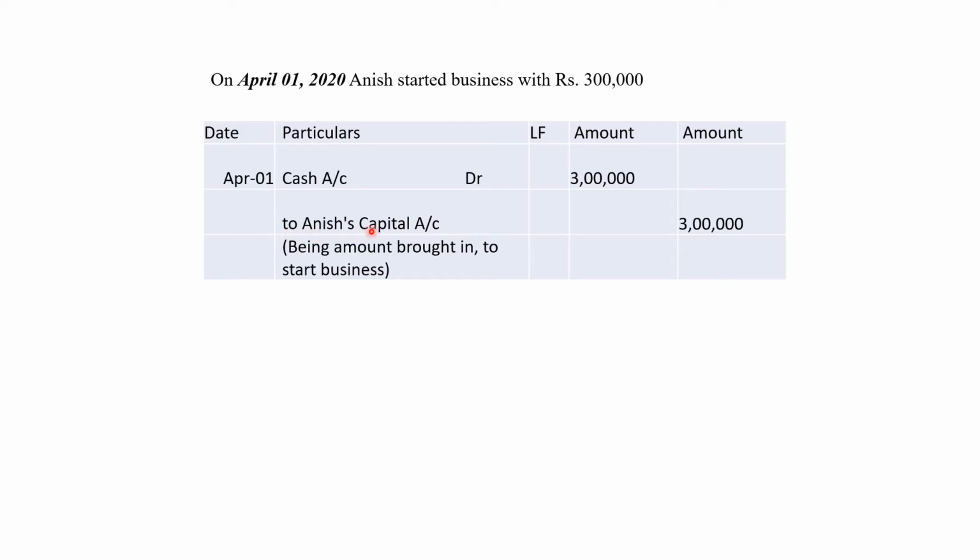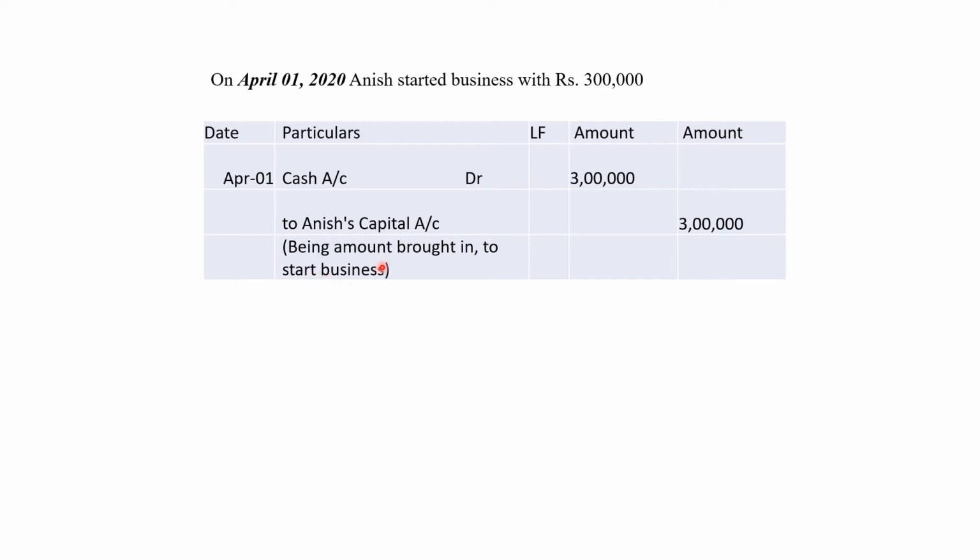So you have Anish who is the giver over here, and what he has given is the capital to start the business. So to Anish's capital account, which means Anish's capital account has been credited by cash account. That is the other way of looking at it. Cash account is debited to Anish's capital account, or Anish's capital account has been debited by cash account. Both are right ways of saying.